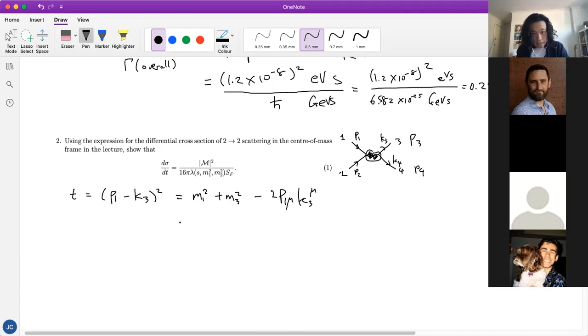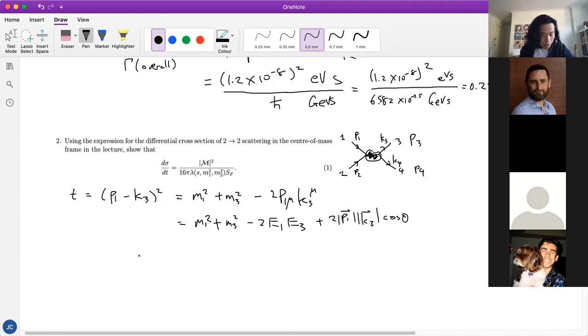Okay, and explicitly writing this out, I get M1 squared plus M3 squared minus 2 E1 E3 plus 2 P1 K3 cos theta.